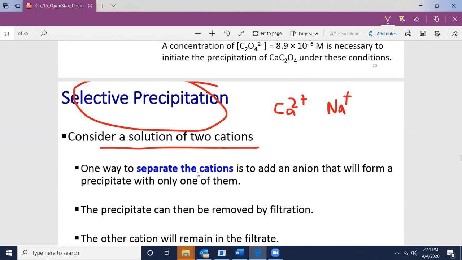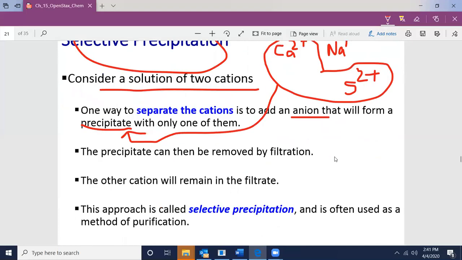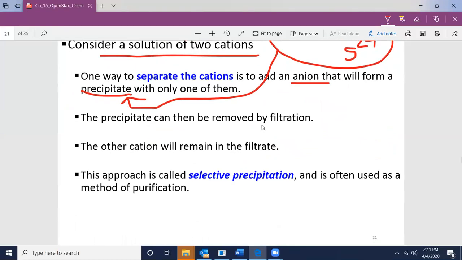Now you're going to add an anion. If I add S2-, which one is going to precipitate out with the sulfide? My sulfide is going to take out this one. That's going to make a precipitate. Sodium sulfide is soluble. Okay. The precipitate can then be removed by filtration.